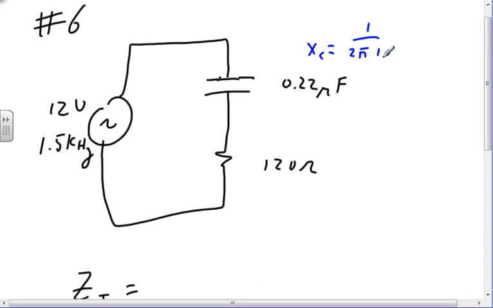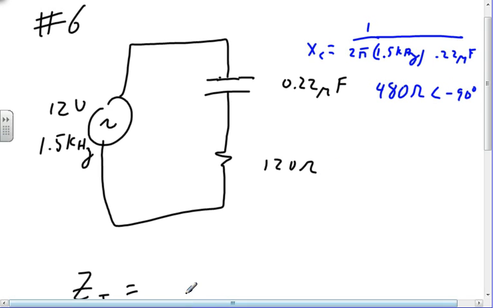Yeah, 1.5 kilohertz times 0.22 microfarads. So 2 times pi times 1.5 times 0.22 equals, 1 over x. Looks like 480 ohms. That was just so great. 480 ohms, angle minus 90, just in case.